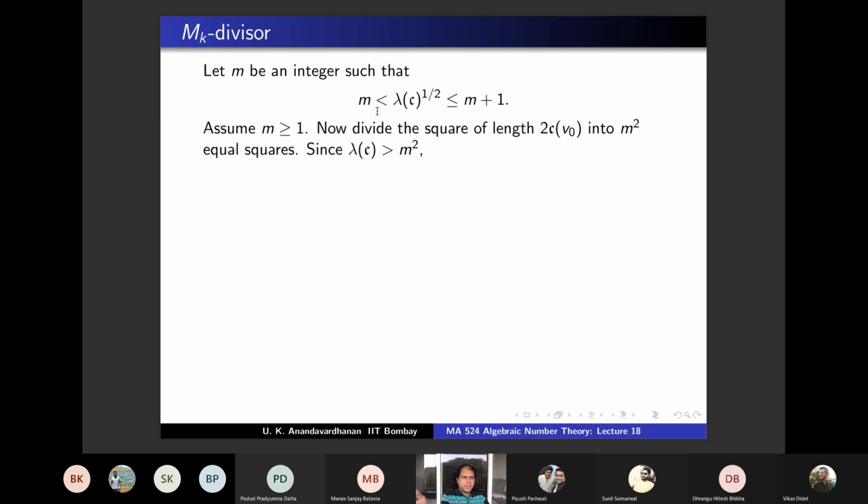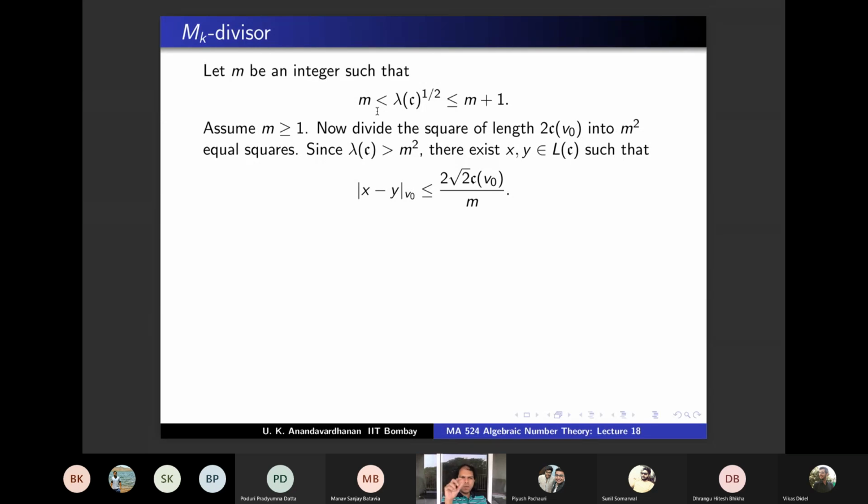You have m square number of small squares, and your set has cardinality bigger than m square. So by the pigeonhole principle, at least two elements of your set L_c belong to one small square. There exist x and y in L_c such that they belong to the same small square.